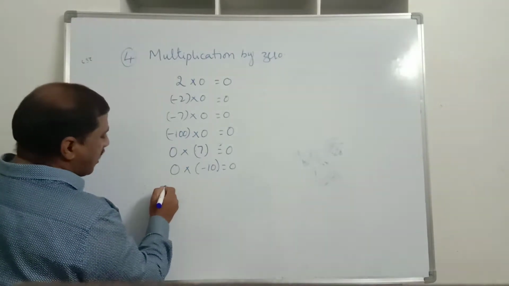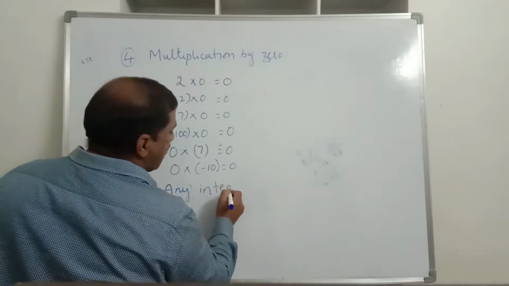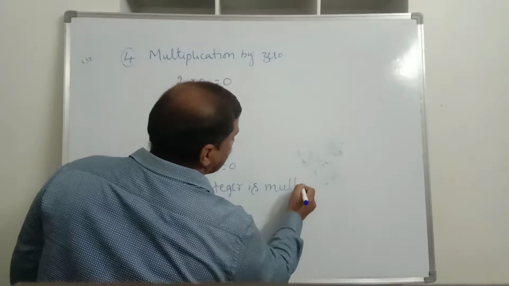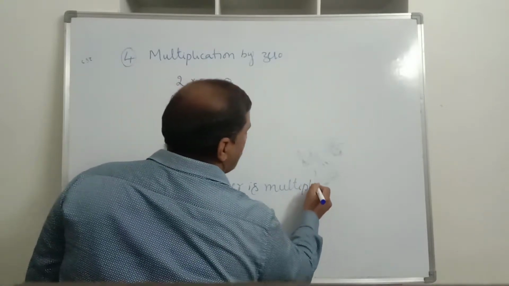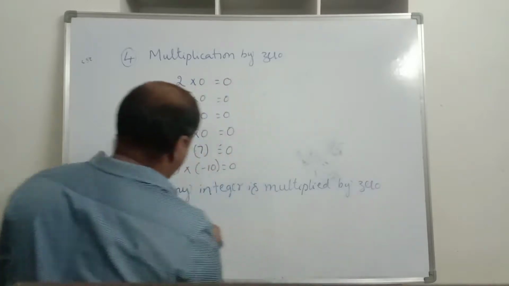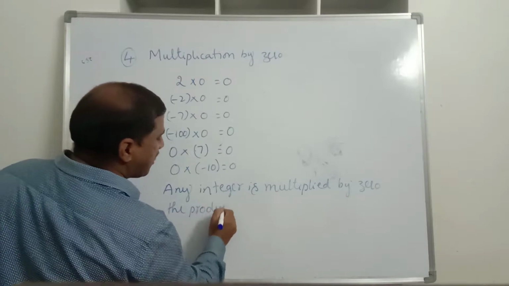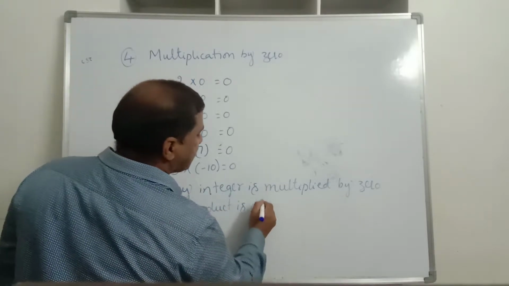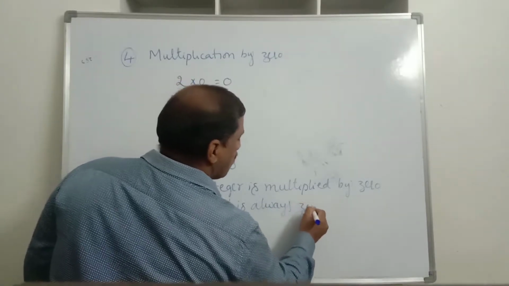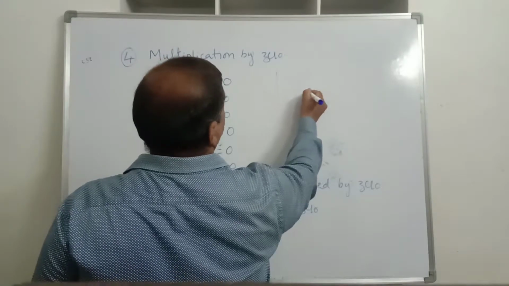Therefore, when any integer is multiplied by 0, the product is always 0.